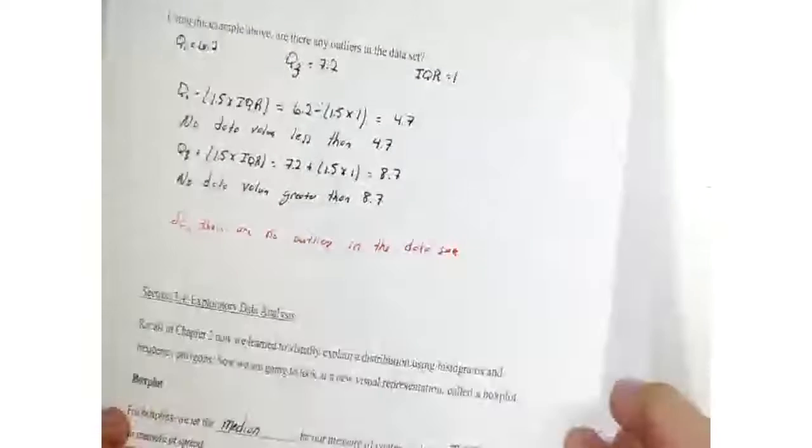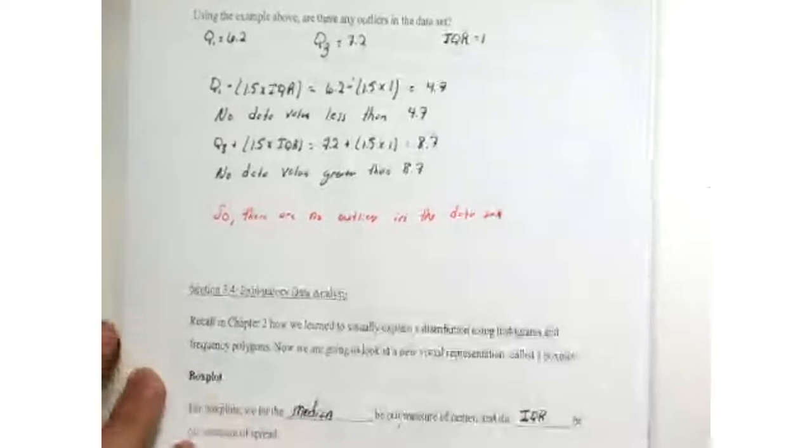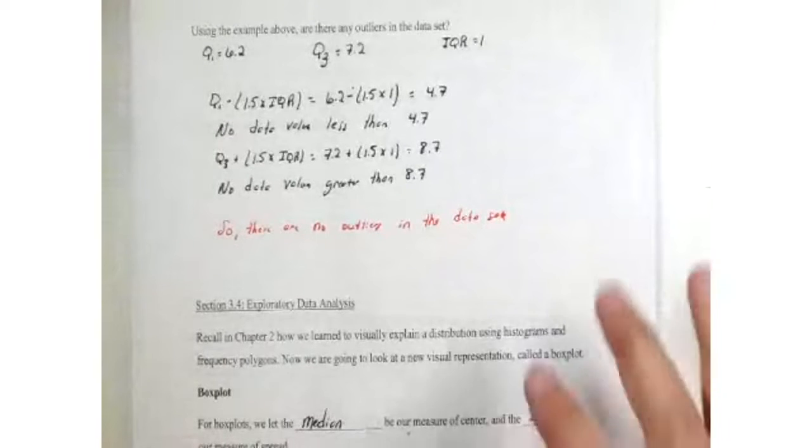Weirdos. So, let's go over this again. For box plots, the median is going to be our measure of the center, and the IQR will be the measure of spread. The IQR will be the length of the box. We'll show that in a second. In order to draw a box plot, we must first know the 5-number summary, which I just talked about.